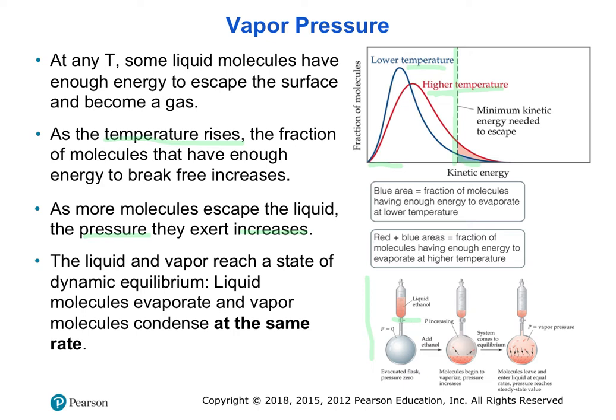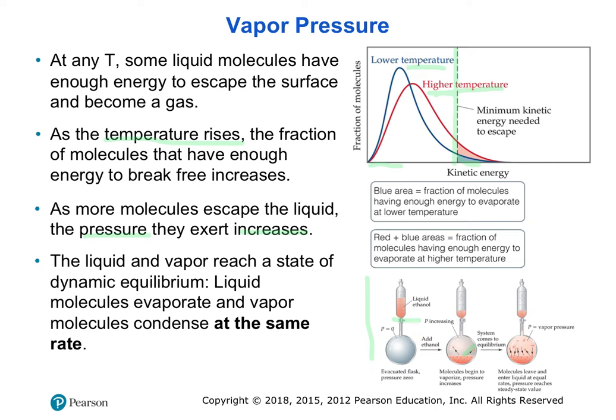In the flask, initially it's a vacuum, so there's no pressure. As the molecules vaporize, they start to increase the pressure in the flask. But then at some point, there are molecules that collide back down into the liquid, and they don't have enough energy to escape, so they recondense.